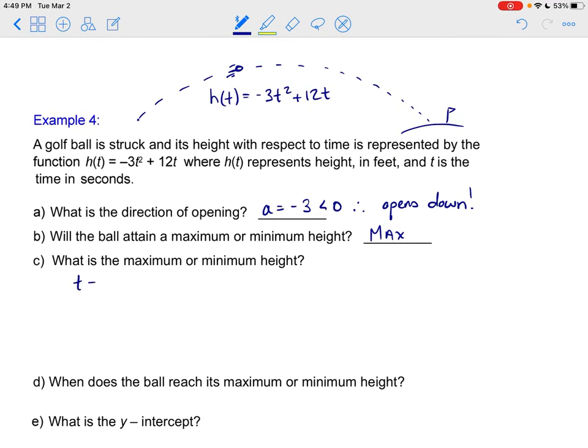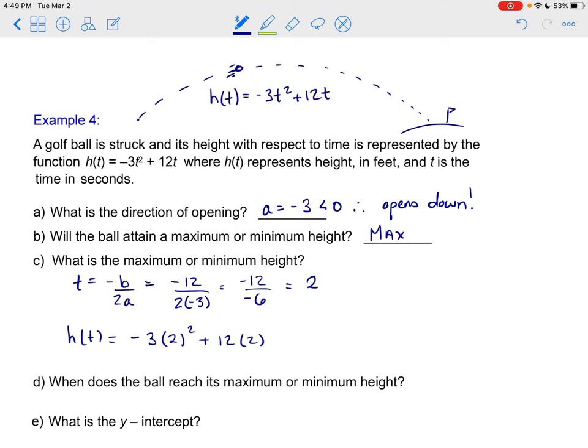So that is equal to, using our negative b over 2a formula, negative 12 divided by 2 times negative 3, which gives us negative 12 over negative 6, which is 2. And then we're going to go back to our equation, which will give us height, and plug in 2 for t, and this will give us our y-coordinate of the vertex, which is our maximum height.